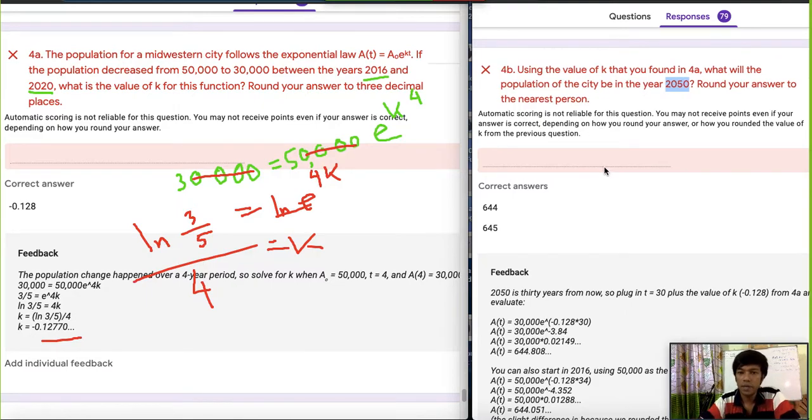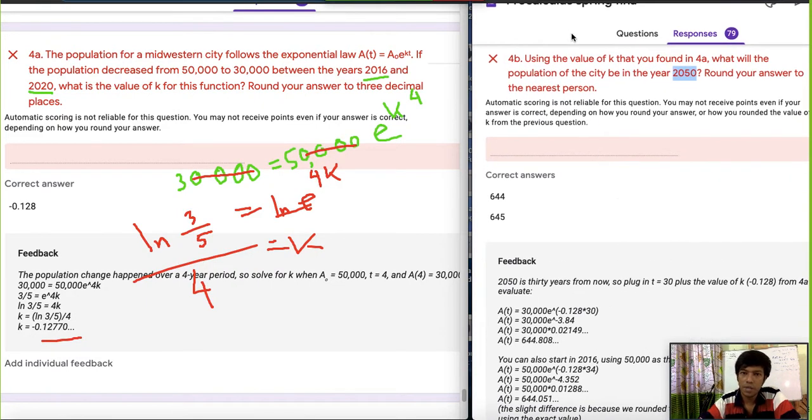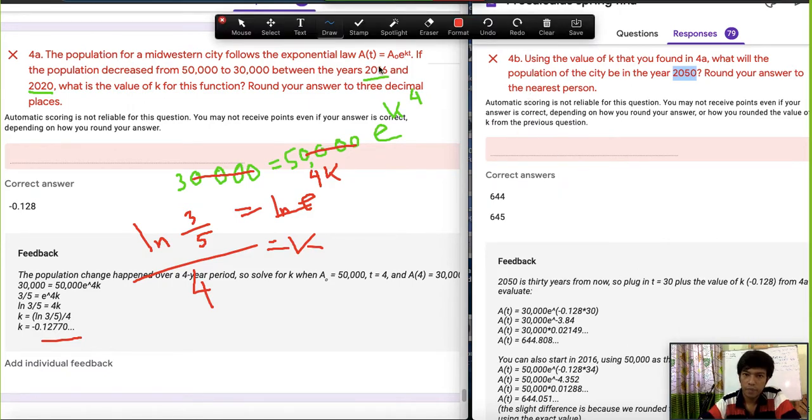We can use the same formula, the same rule here. Our formula was A(t) equals A naught. A(t) is the final population, so we have to find A(t). This is the question now. Final value, this we have to find out.